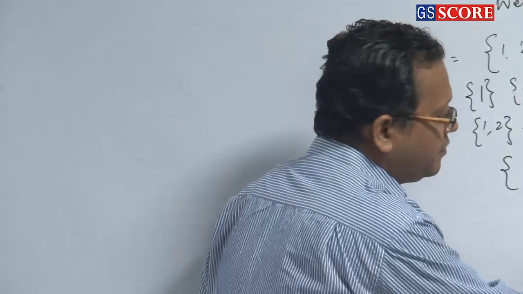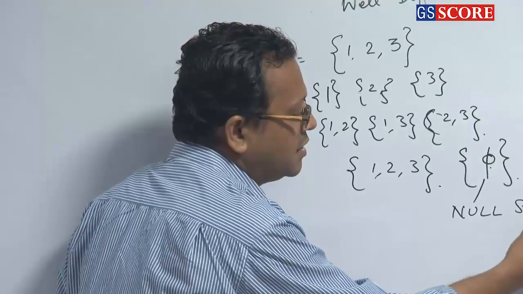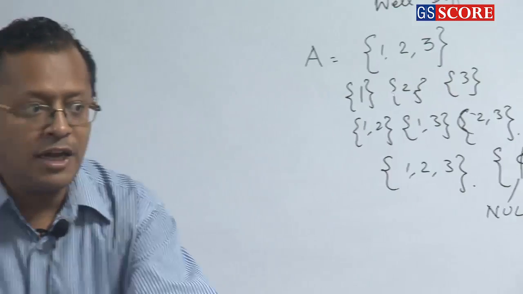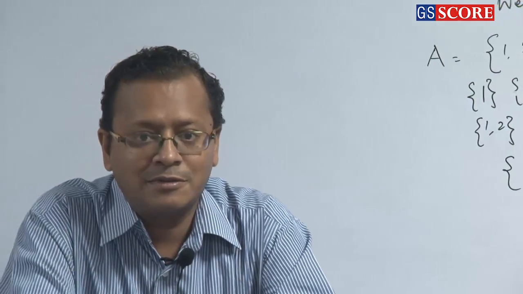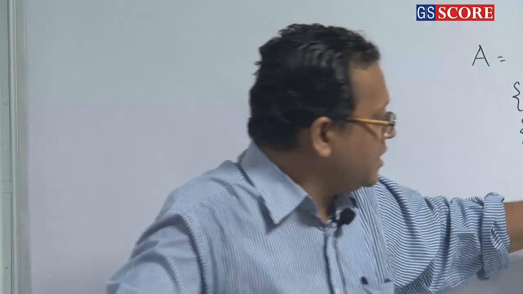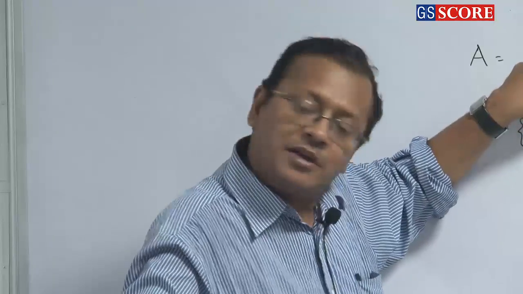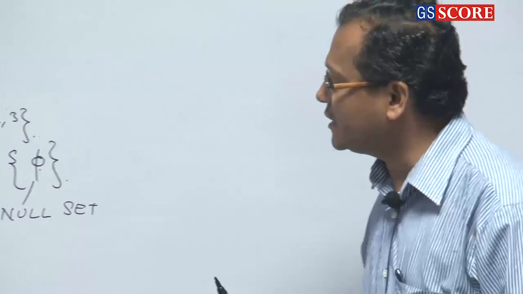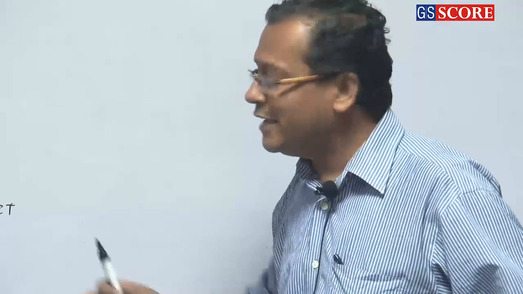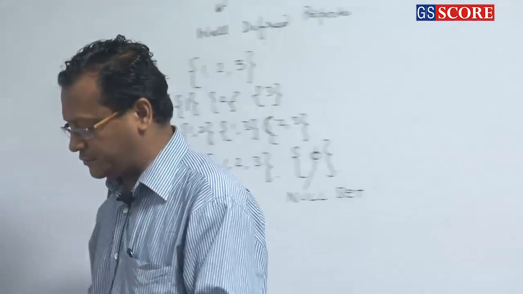Phi means we call this the null set. A set having no elements or 0 elements is also a set. Right, this is also part of this one. This will be there for every set. Clear or not? So how many subsets are there? It will be 8. Clear or not? 8 subsets.